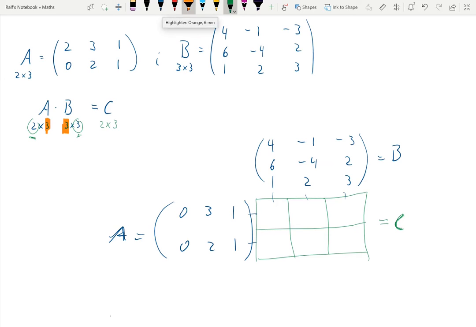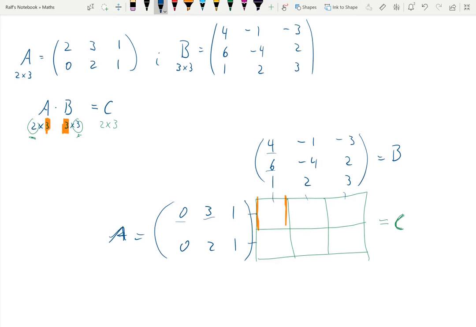So let's think of this first box. What this is going to be is an inner product of this row times this column. Okay, so if we want to calculate the inner product, we'll take 2 times 4, which is 8, plus 3 times 6.